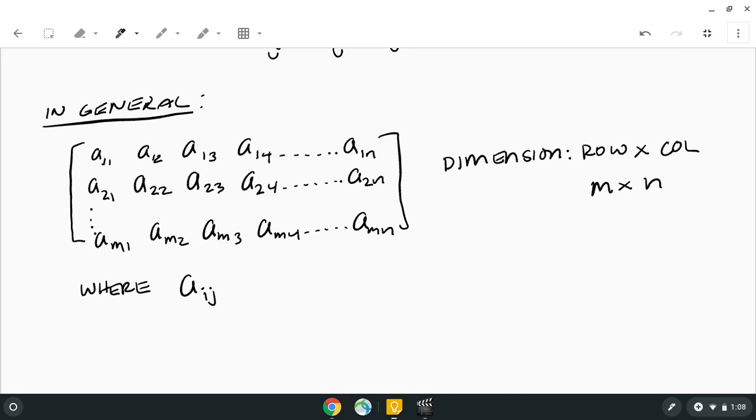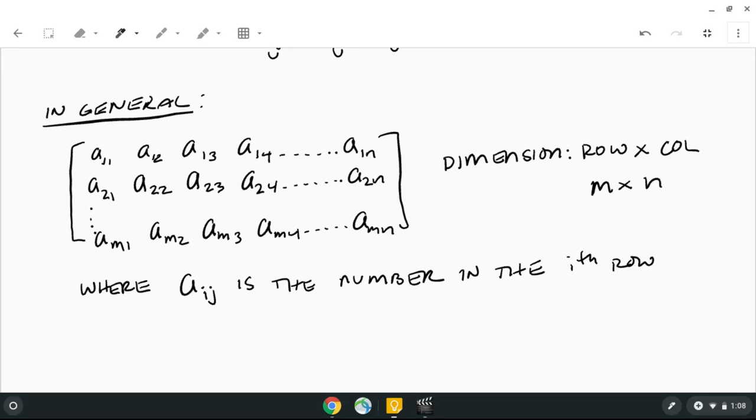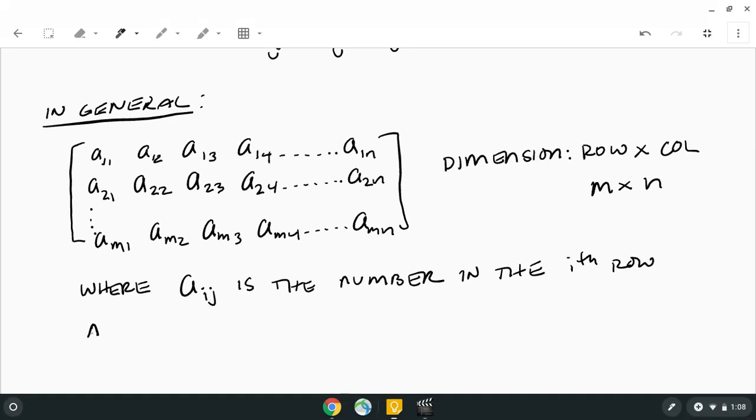So where a_ij is the number or element in the ith row, row i, and jth column.